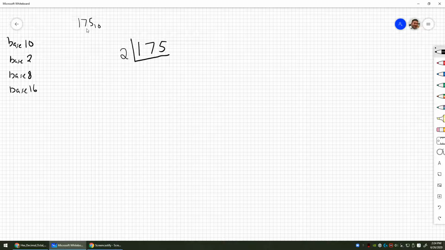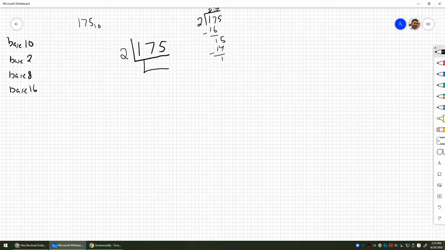So when I first divide 175 by 2, if I come up here, say in the margins somewhere, and I do that, 17 divided by 2, that's going to give me an 8. 2 into 15, it's going to give me a 7. Sorry, I know that looks horrible. With a remainder of a 1.